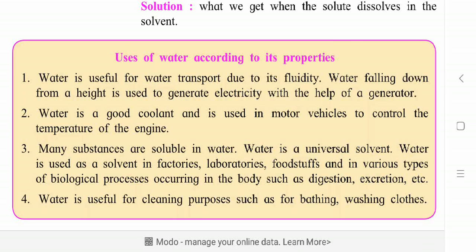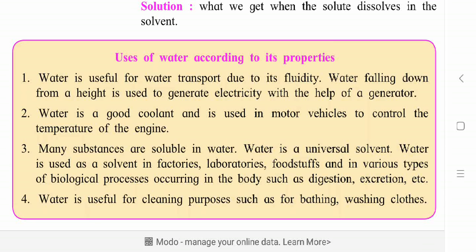The flow of water coming from higher places like a mountain or hilly region, that flow of falling water has the capacity to produce electricity. So electricity is prepared with the help of water. This is a very important use of water.